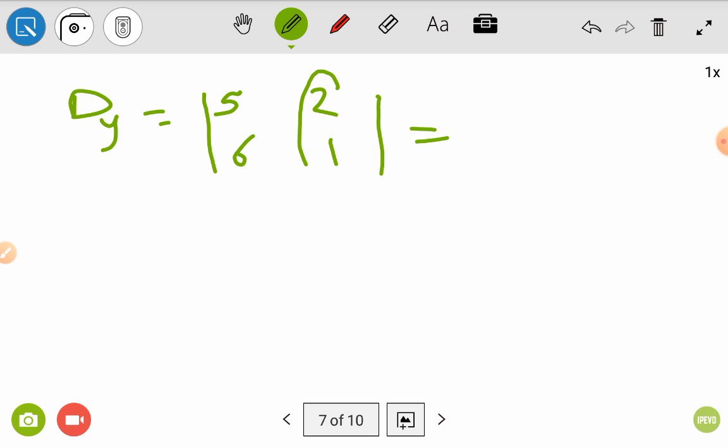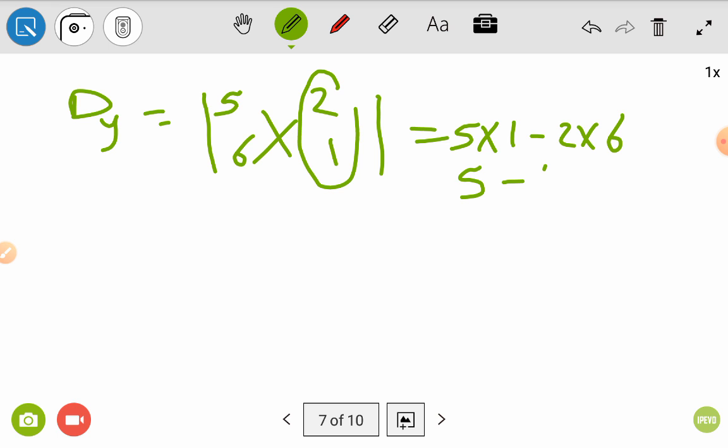You put the absolute values instead of the coefficients of y. You will get Dy by cross multiplication: 5 times 1 minus 2 times 6. Here 5 minus 12 equals negative 7.